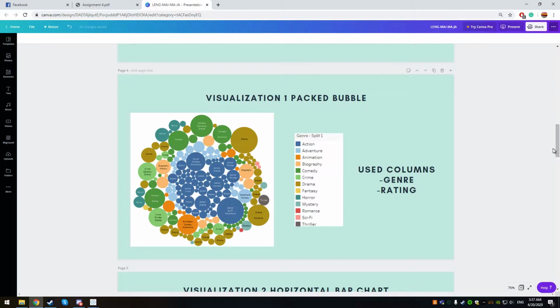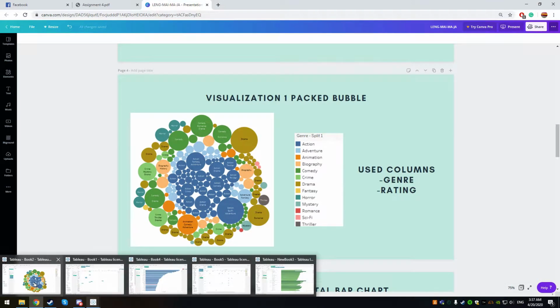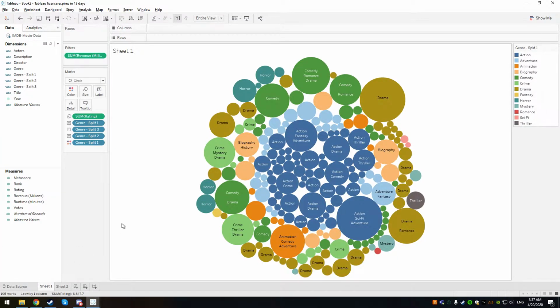Move to the first visualization. We use a packed bubble to represent our visualization. Let me show you how to observe it. It has many bubbles. Each bubble has the content inside, which is the category.